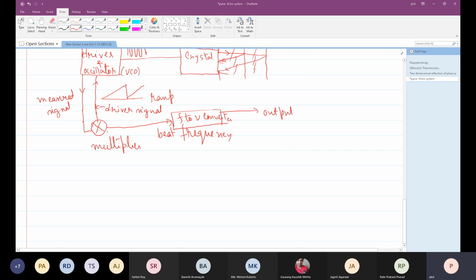That will create a beat frequency after multiplication, which is nothing but the deviated frequency due to finite time of flight.